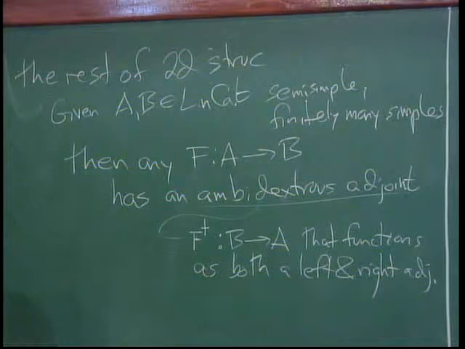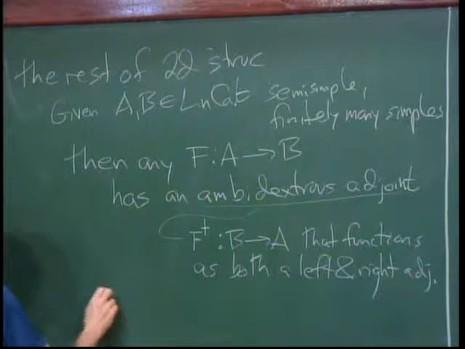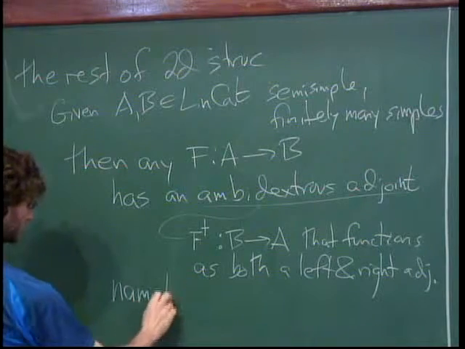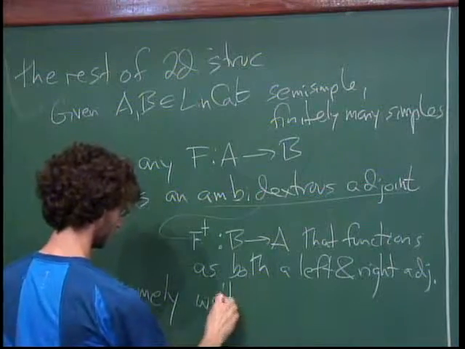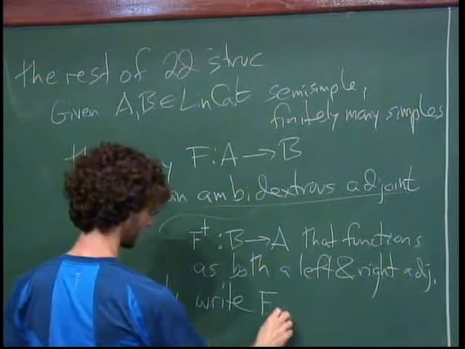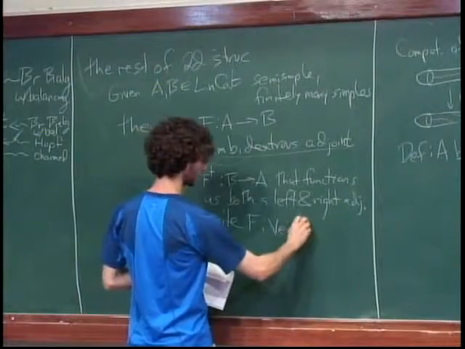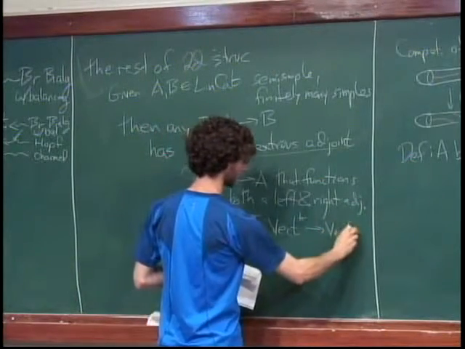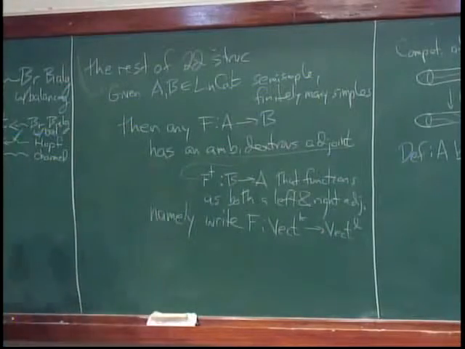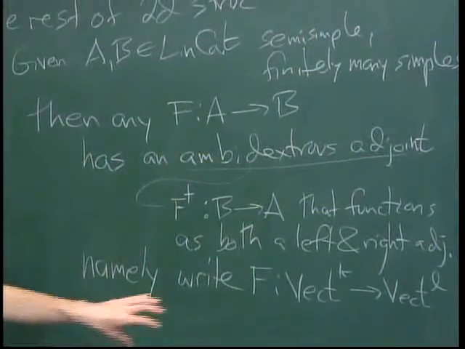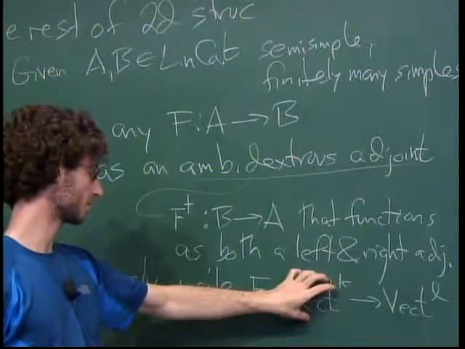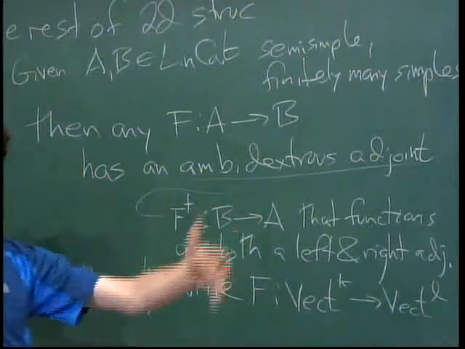Okay, so I can just tell you what that functor is. If I write F as a map from Vect^K to Vect^L, we had this little side discussion yesterday where we noted that any linear category satisfying these conditions is really just a sum of copies of the category of vector spaces, one for each simple object.